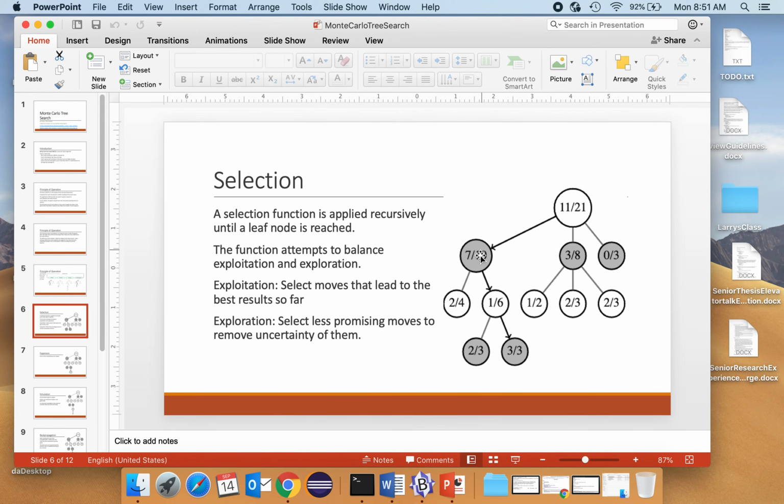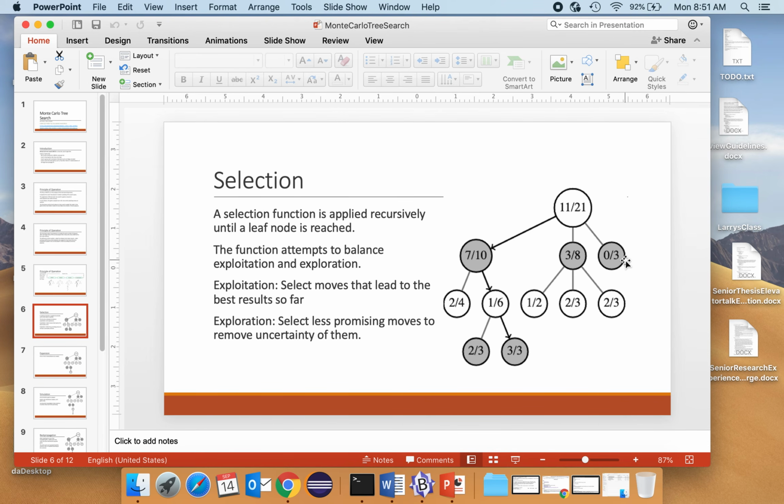Now, when we explore this tree, there's a key concept of exploitation versus exploration. That is a concept that happens in many, many optimization algorithms. The idea is, to a certain degree, we want to take advantage of strong moves. But a lot of times, we may not know whether something is a strong move if we don't have any data about it. So over here, we certainly have more data about this node than about, say, this node over here, right?